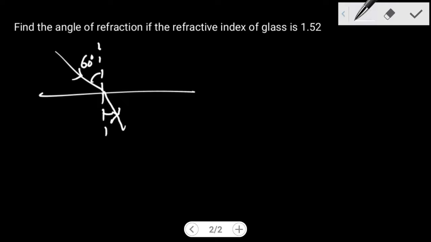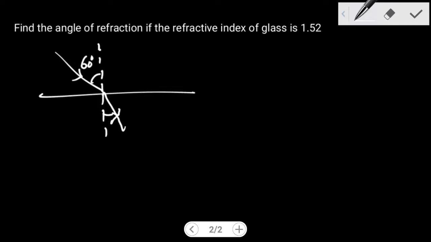Now let's have our example one. Find the angle of refraction if the refractive index of glass is 1.52.